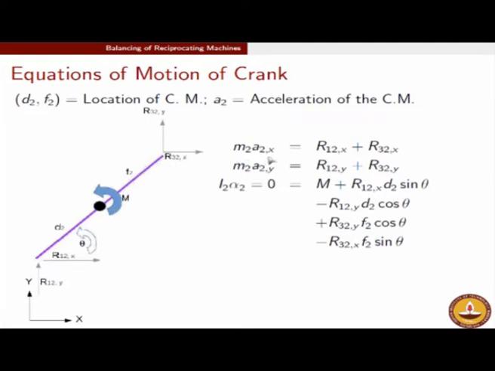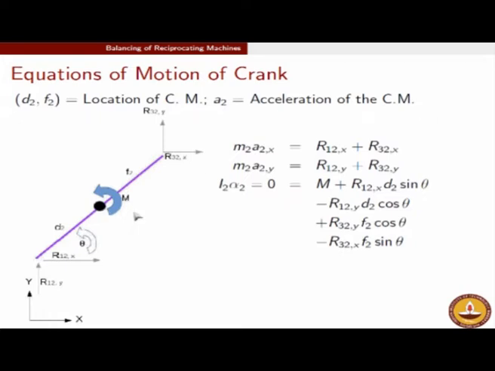Now mass times acceleration in the x direction should be equal to the sum total of all forces in the x direction. The forces on this crank in the x direction are R12,x and R32,x. So you have m2 times a2 in the x direction, where a2 is the acceleration of the center of mass.